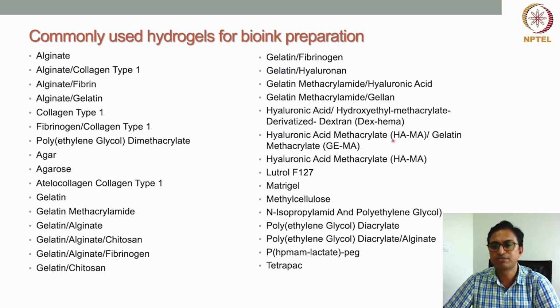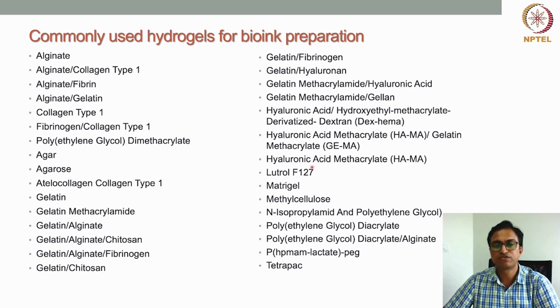Similarly, hyaluronic acid methacrylate, HAMA, where a methacrylate group is chemically attached to hyaluronic acid, works as a photo cross linkable biomaterial. Gelatin methacrylate is another photo cross linkable material. Hyaluronic acid methacrylate has also been used as a single material for bioinking.